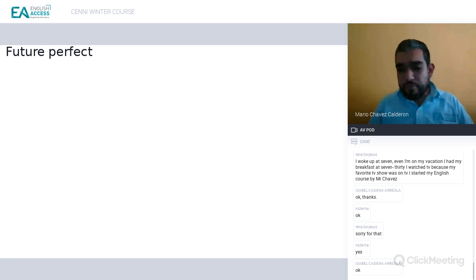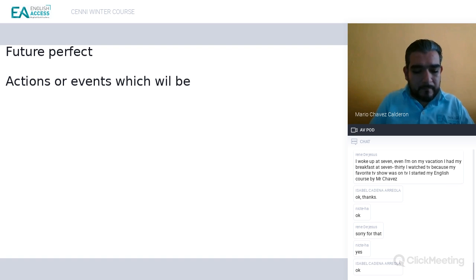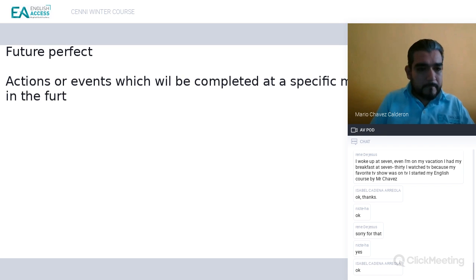When we talk about the future perfect, we talk about actions or events which will be completed at a specific moment in the future.